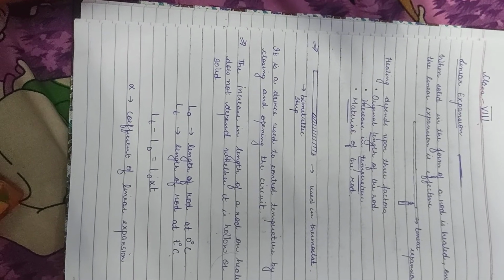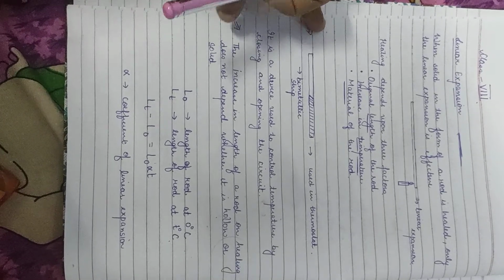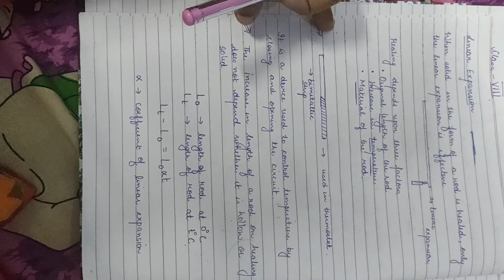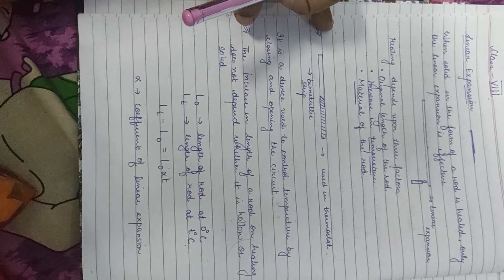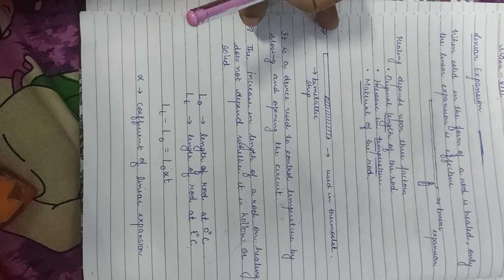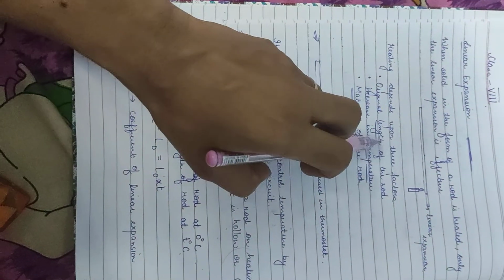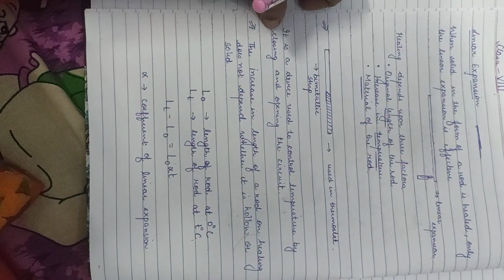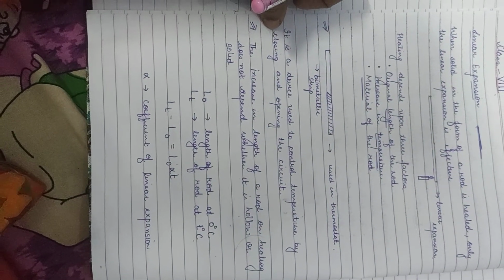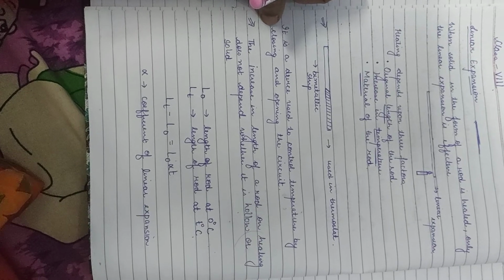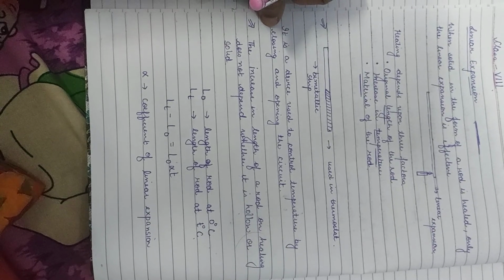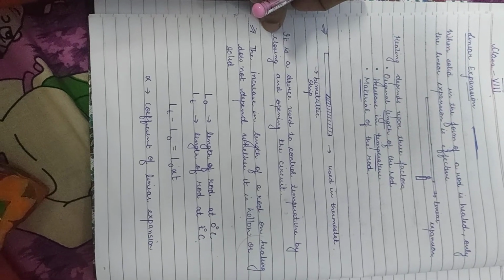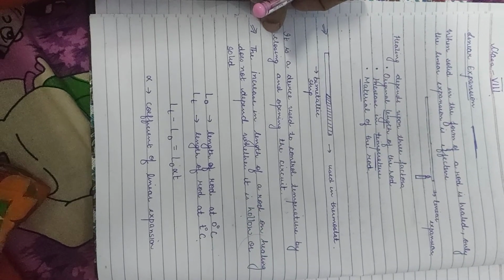Next is dependence upon the temperature. Now how is it dependent upon the temperature? It's very clear. More heat you are providing to the rod, more increase in its length. So more length, more will be the expansion, more temperature, more will be the expansion. Next is dependence upon the material of the rod. Suppose we are having two rods of same length, one of iron and another one of copper.